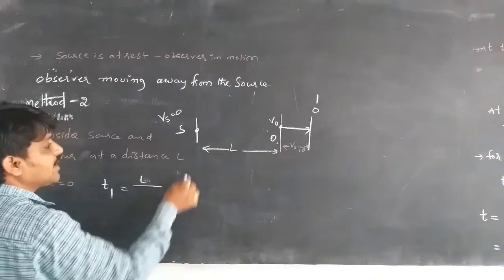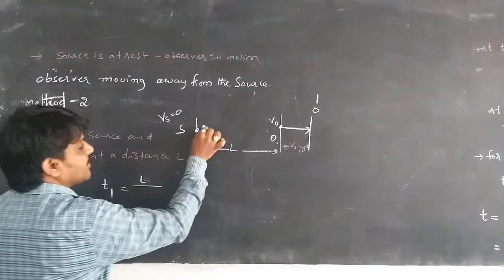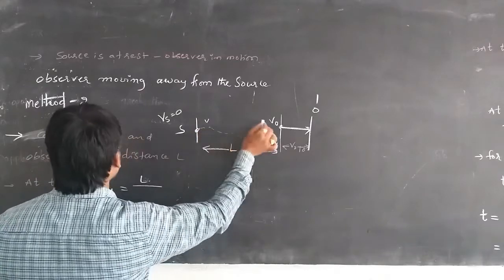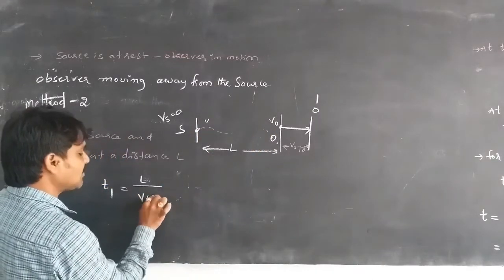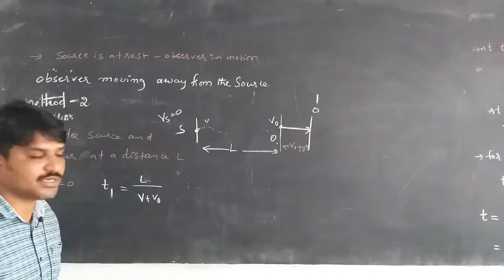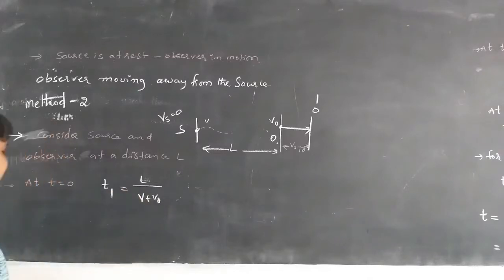The distance will be L, and since the source is at rest, the velocity of sound will be V. The sound is moving with velocity V, and the observer is also in motion with velocity V0, so the total velocity will be V plus V0. So T1 is L by V plus V0.